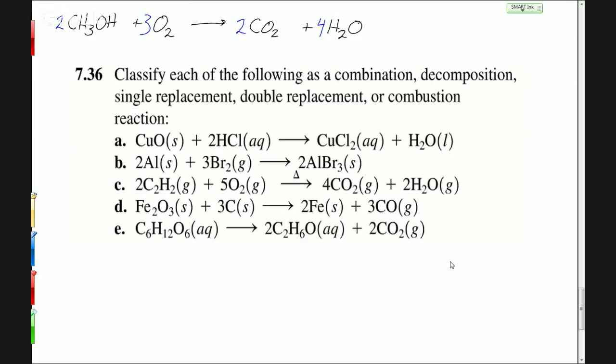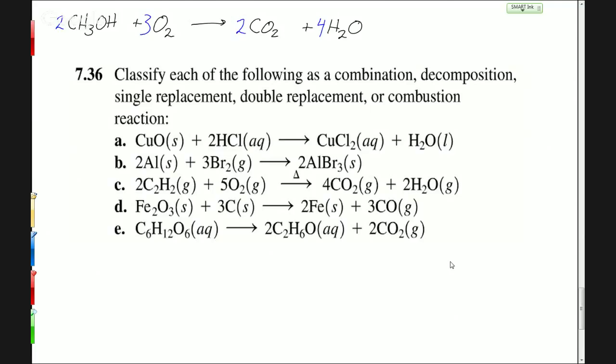So it's not as simple as simply pulling the letters apart and sticking them with their new partners. You have to adjust the ratios based on the charges. Copper is 2+, oxygen is 2-. So when a 2+ copper goes with a 1- chloride, it needs 2 of them. Similarly, when a 1+ hydrogen goes with a 2- oxygen, you need 2 of them, so it's H2O. So make sure that you readjust those, and we'll practice that in a minute.